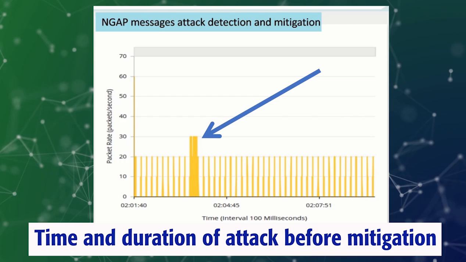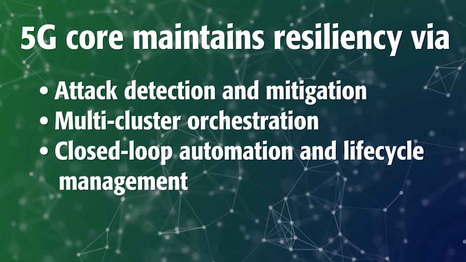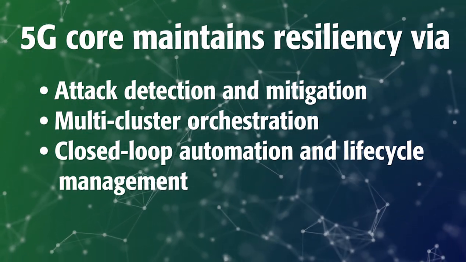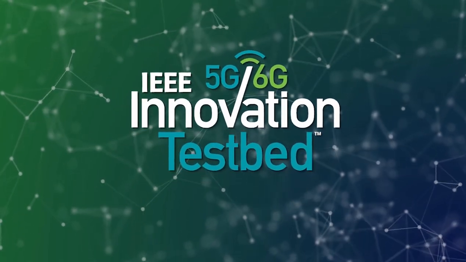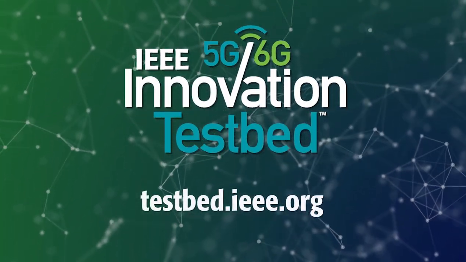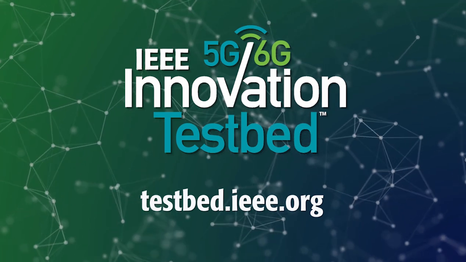And as soon as the attack was shut down, AMCOP also recognized that the threat was gone, that traffic was back to normal, and it could scale down the network so that we weren't overusing resources or wasting money. And so this is a very nice demonstration of not just attack detection and mitigation, but also multi-cluster orchestration, closed-loop automation, and lifecycle management.